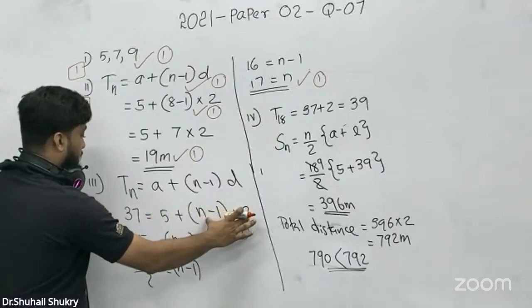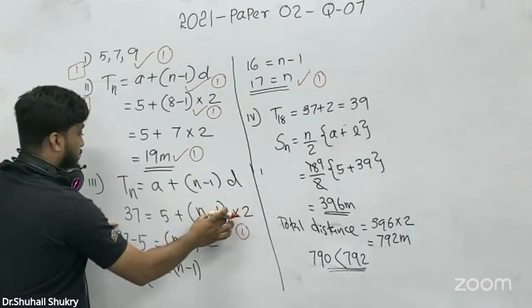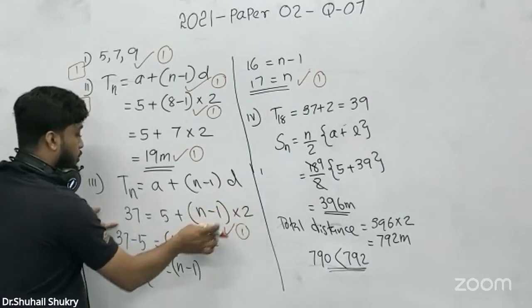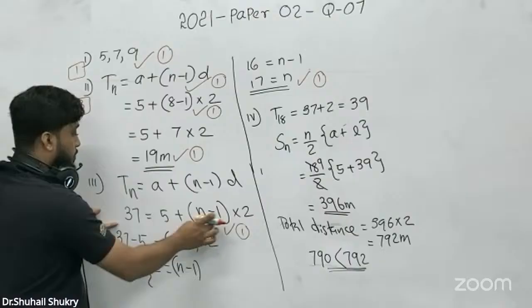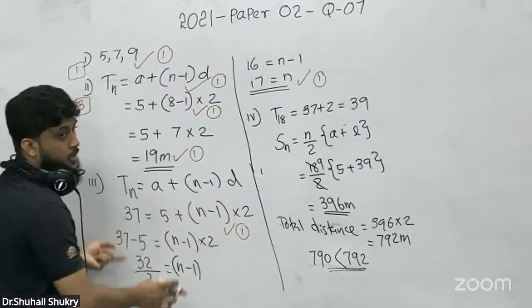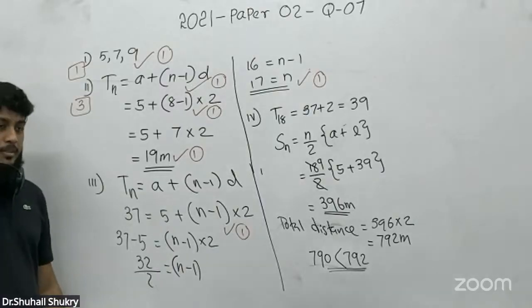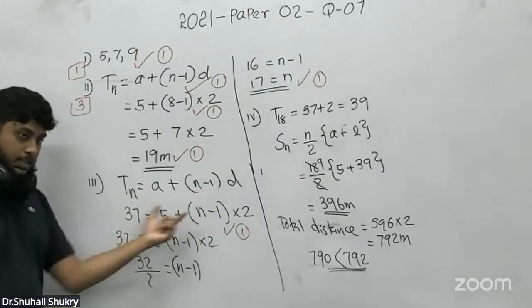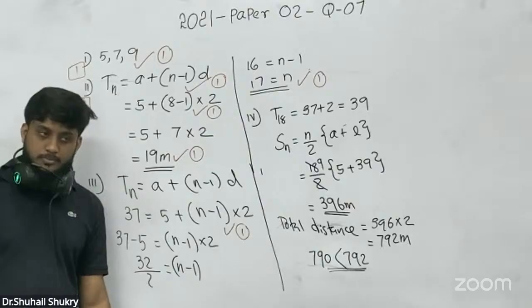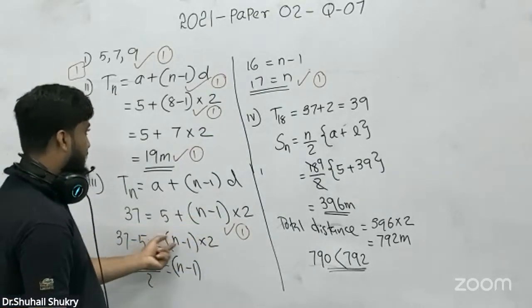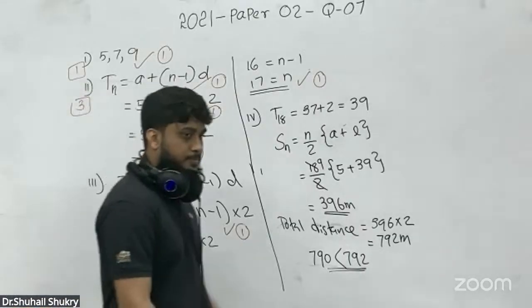Then to get 32, 16 into 2 should come as 32. To get this bracket value as 16, n should be 17. If someone can think and write that part, you still get full marks. So see how they have given marks: for substitution 1 mark, and if someone directly writes n equals 17, it is still fine.